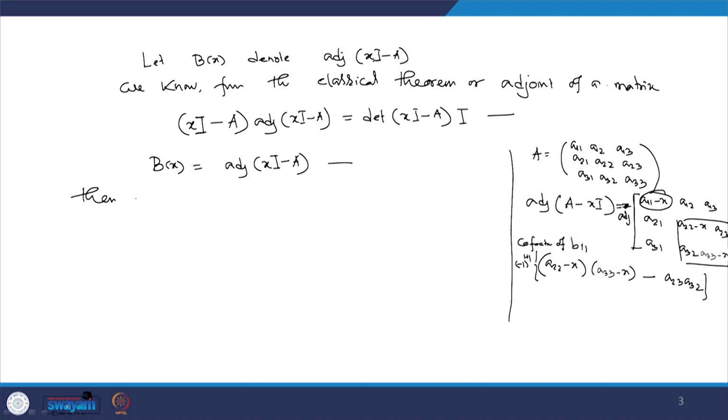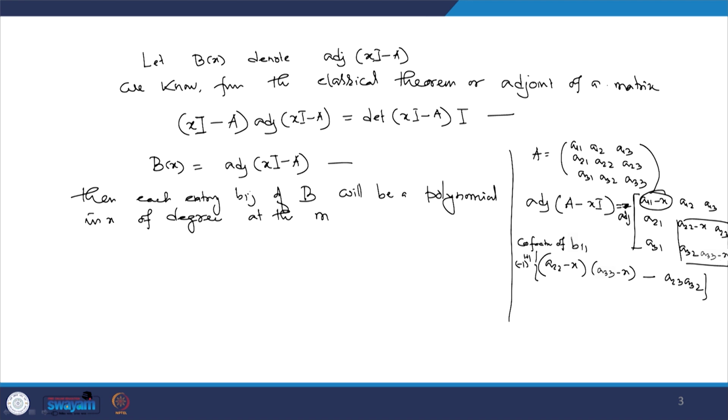Then each entry B_ij of the B matrix will be a polynomial in x of degree at the most n minus 1, because when I consider A as a 3 by 3 matrix, the maximum degree of this polynomial is 2 only.